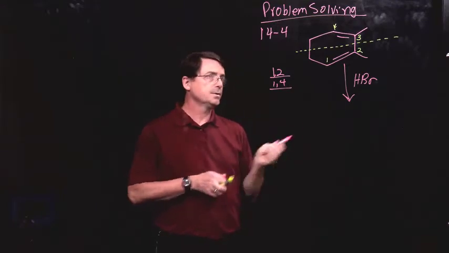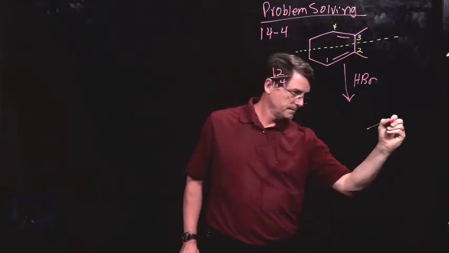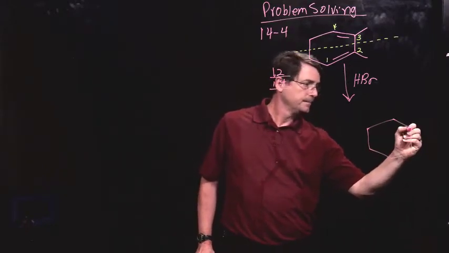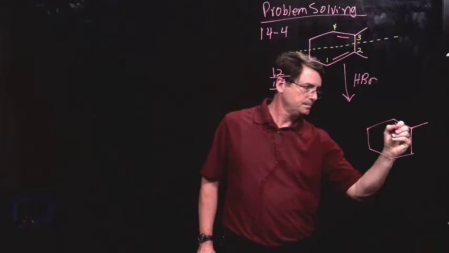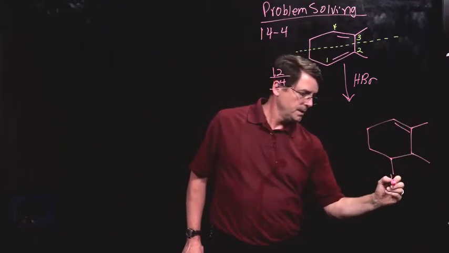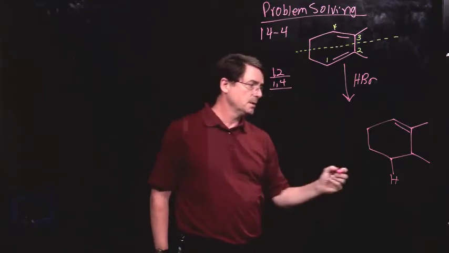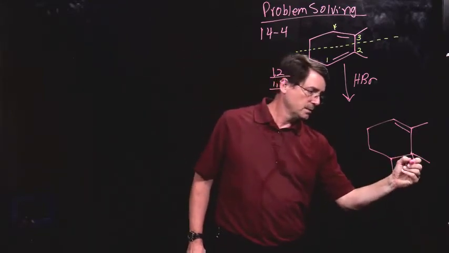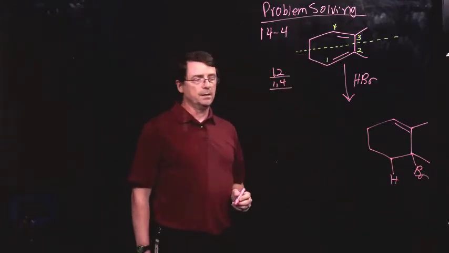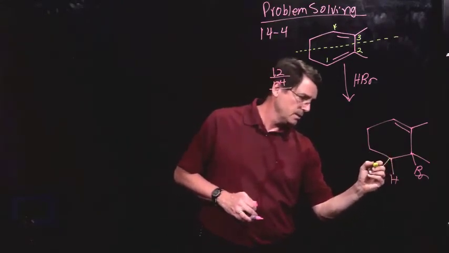So the first of these products, the 1,2 addition product, of course, the H adds to the less substituted carbon. According to Markovnikov's rule, we still follow that, and we get the bromine on that position. Now, don't forget, the hydrogen is still here.